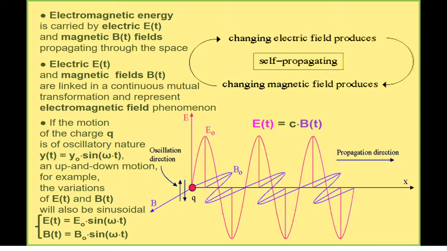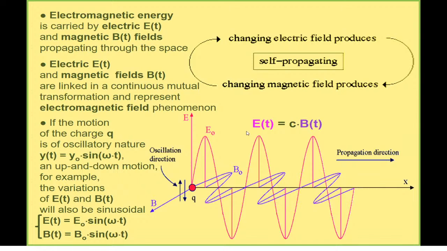This combination is propagating in the direction that is perpendicular to the planes in which the vector of the magnetic field and the vector of the electric field are oscillating. That is, the planes within which these vectors are changing their magnitudes and orientations.